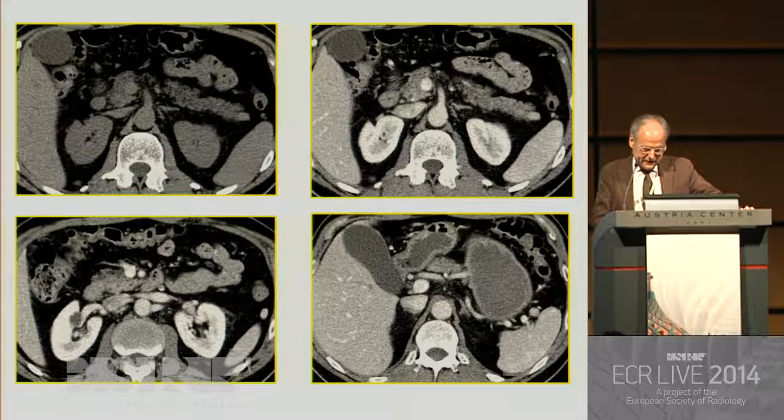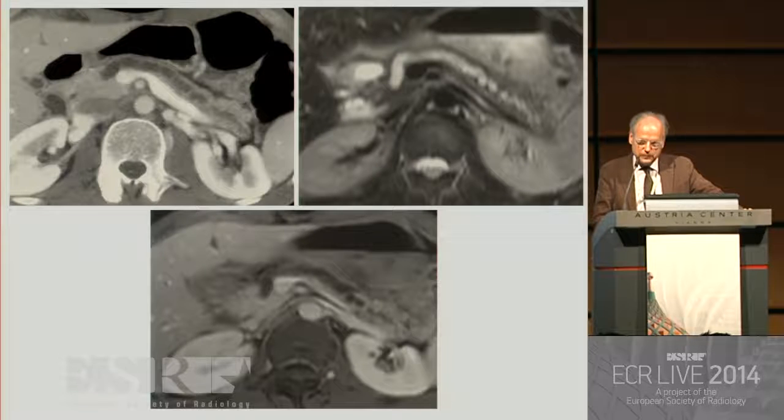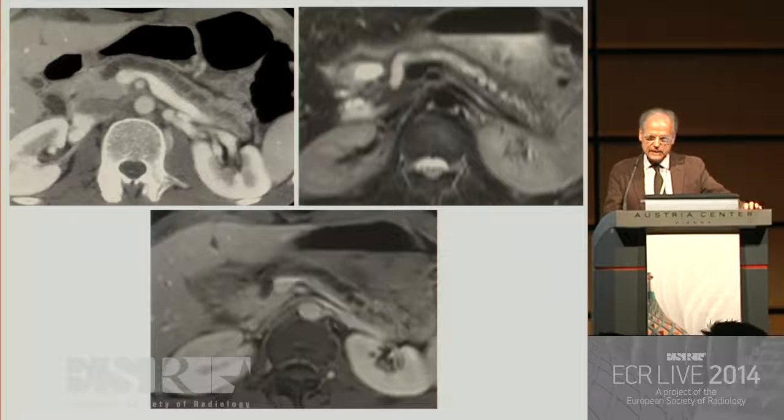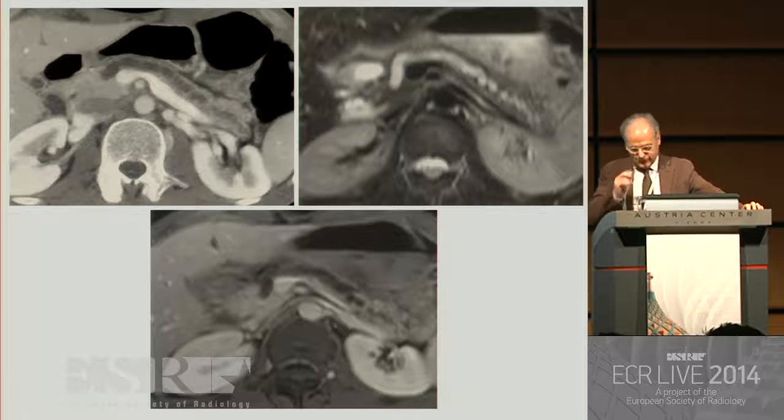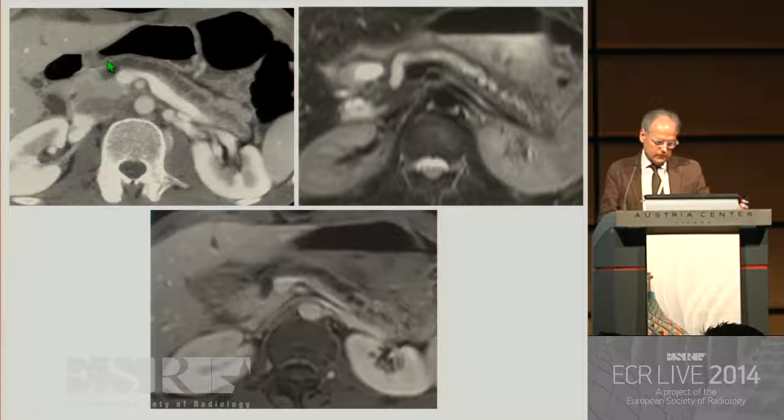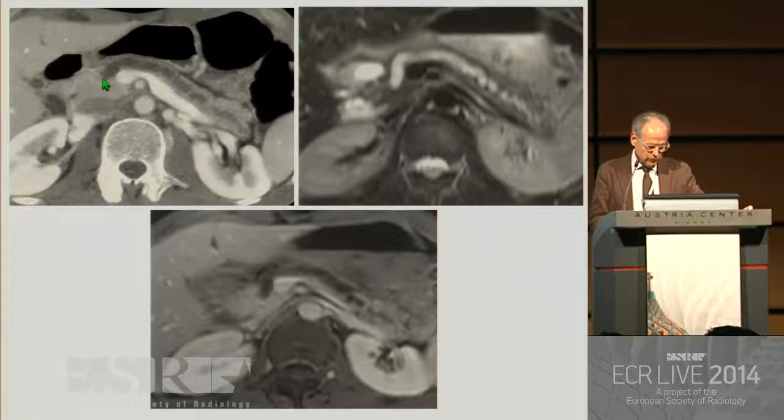And just before finishing with the cases, I want to show you a particular presentation of neuroendocrine tumors in the pancreas. Sometimes you will face cases in which you see a dilatation of the main pancreatic duct without any visible pancreatic mass causing this type of stenosis.